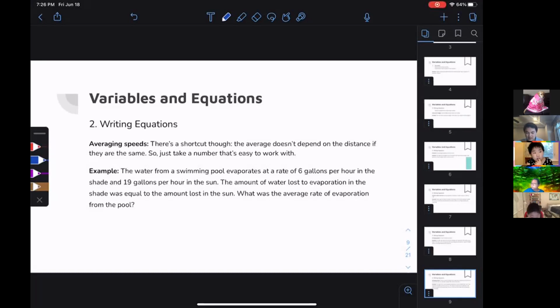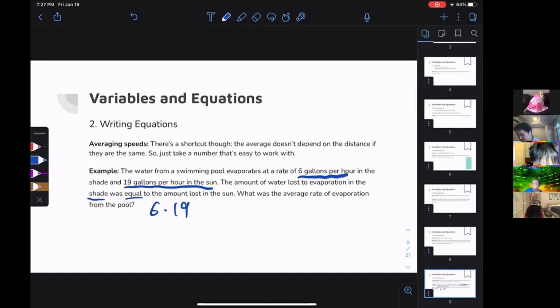In this case, since we're not given the amount of water lost to evaporation, we just know that the amount lost in the shade is equal to the amount lost in the sun. Since one rate of loss in the shade is 6 gallons per hour and the other is 19, we could just take 6 times 19, which happens to be their LCM as well, lost in both periods.